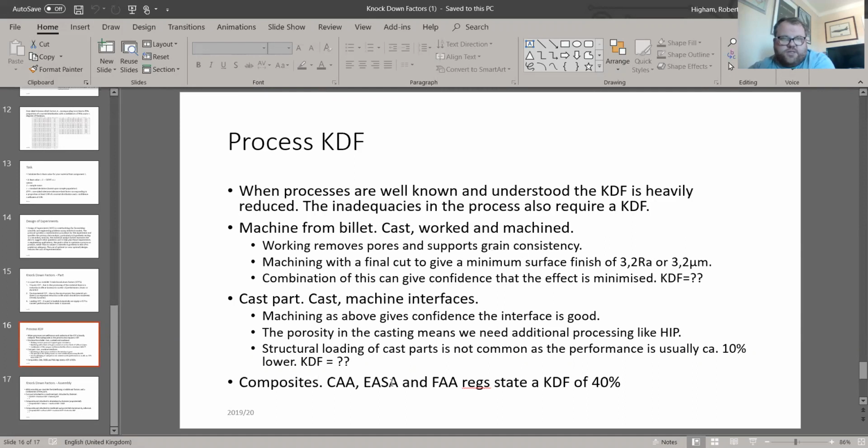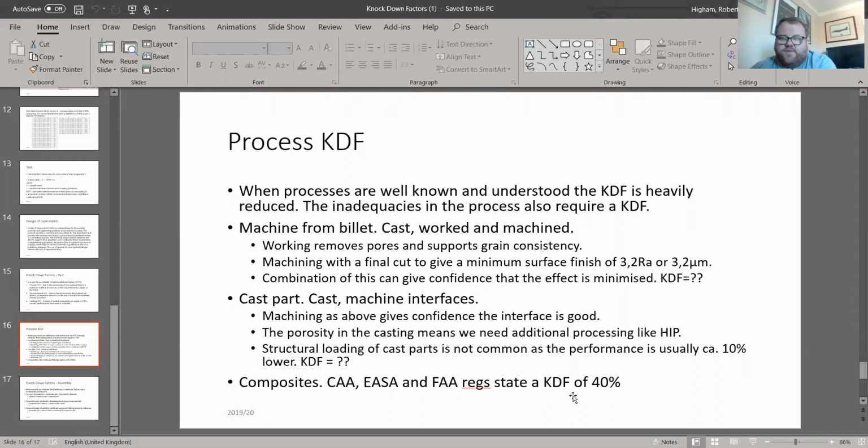An interesting one, so if you are looking at the regulations for aircraft, so the European aerospace regs, the American aerospace regs, and the CAA is the British variants. If you use carbon fiber, in particular carbon fiber, but I think that it is a sweeping statement against composites, you do have a knockdown factor of 40%.